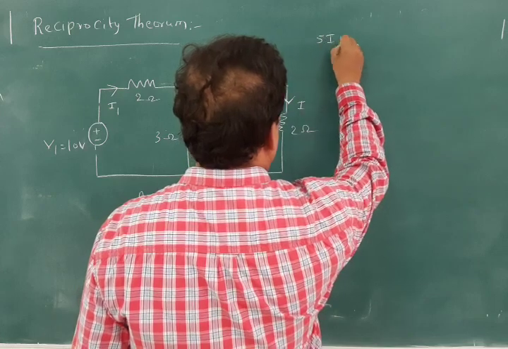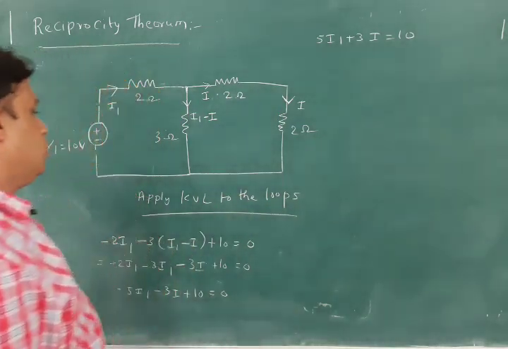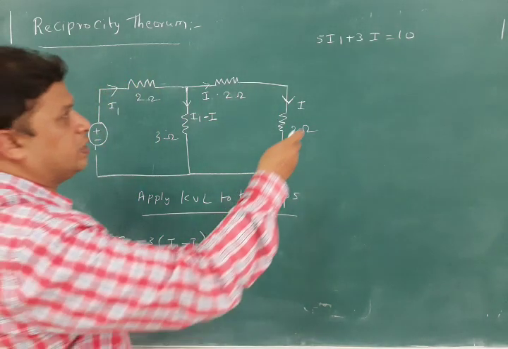This is applying KVL to loop 1, and this is the first equation.